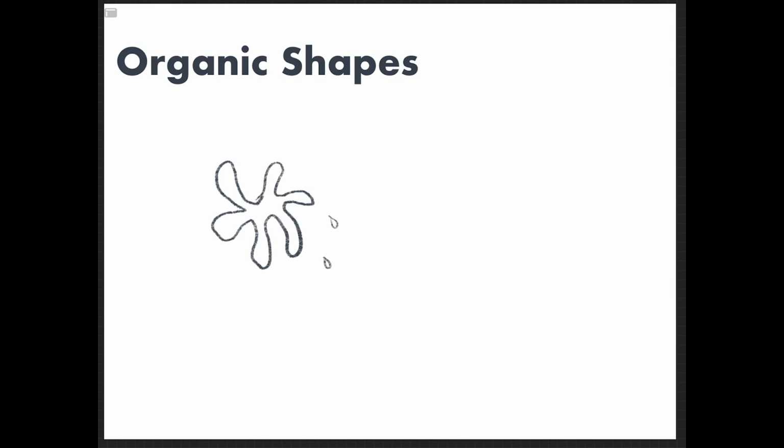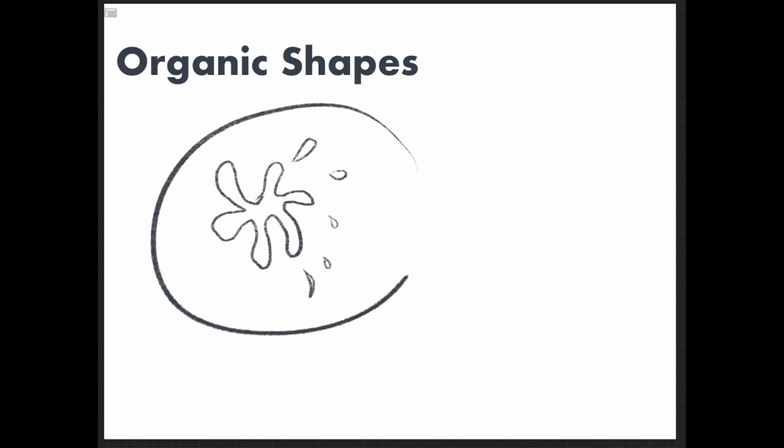With maybe some other little tendrils of splattiness coming out. Notice that these shapes use lots of loops and even teardrop shapes. And no straight lines. And notice how this is kind of like an oval, but not quite, because it's pointy at one end and it kind of curves.